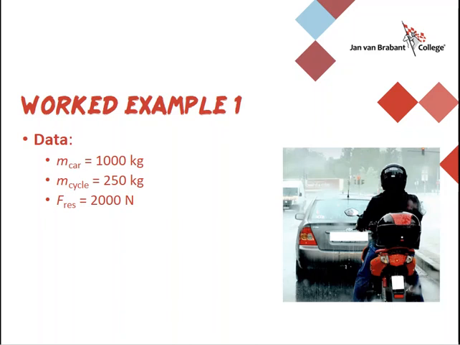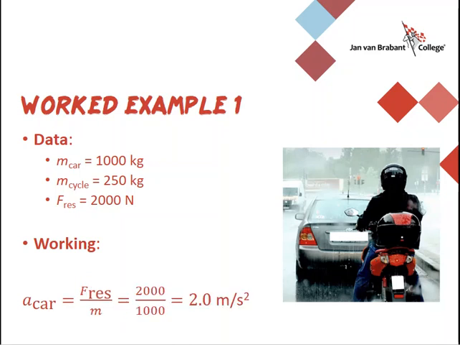The resultant force acting on both vehicles is 2 kilonewtons, or 2,000 newtons. We can rewrite Newton's second law as follows. The acceleration of the car is equal to the resultant force divided by the mass of the car. That becomes 2,000 divided by 1,000, and the answer is 2.0 meters per second squared.